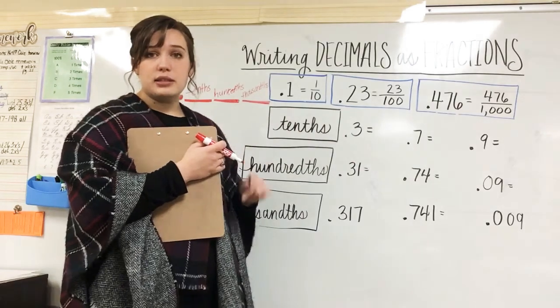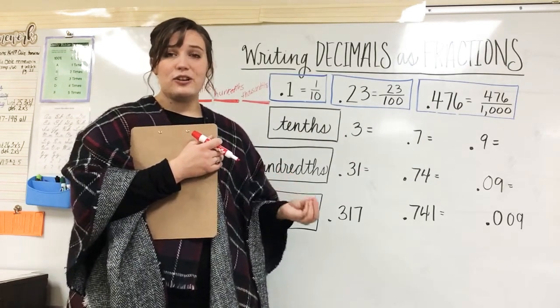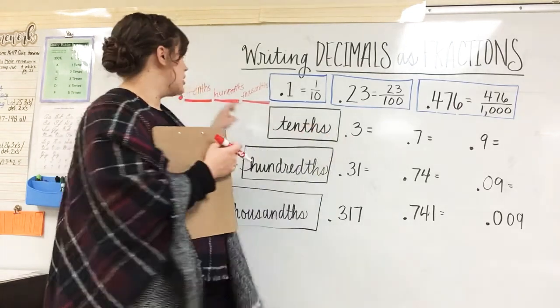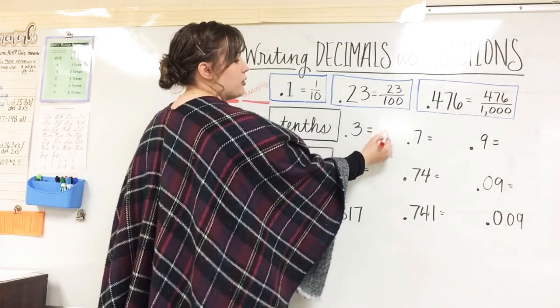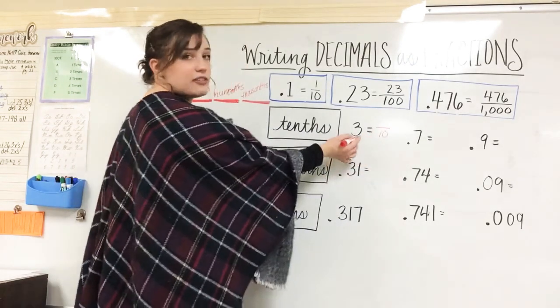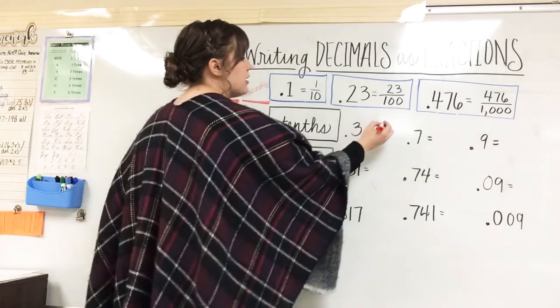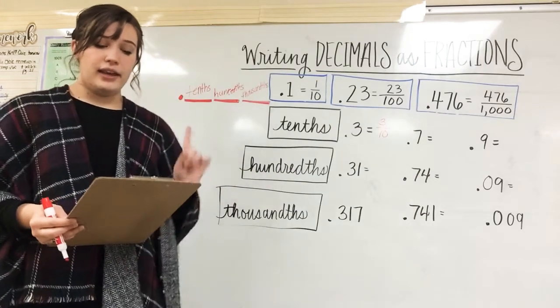So that means however many places after the decimal point there are, you're going to just add that many zeros with your 1, okay? So it's tenth. How many zeros does a 10 have? 1. How many places after the decimal point? 1, okay? That's an easy way to do it. So you have 3 over 10, or 3 tenths, okay?